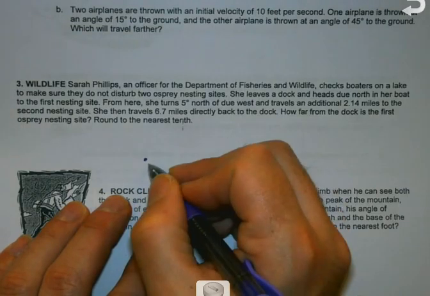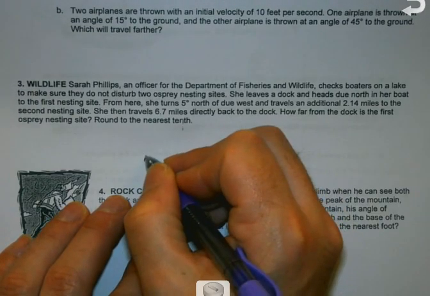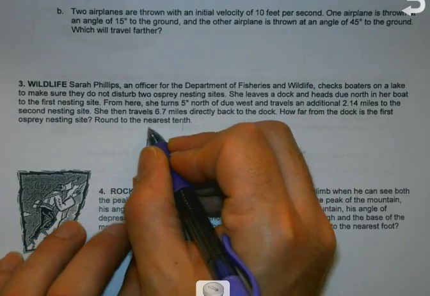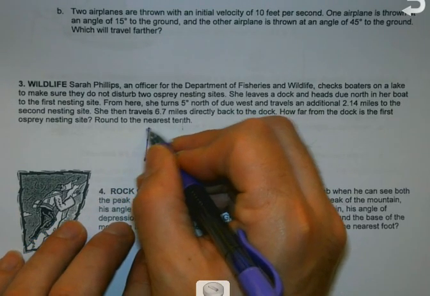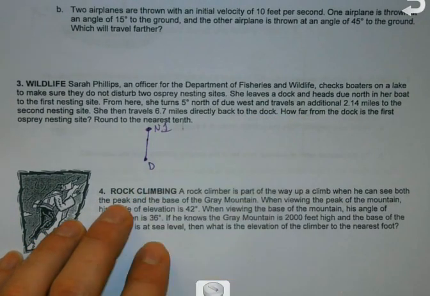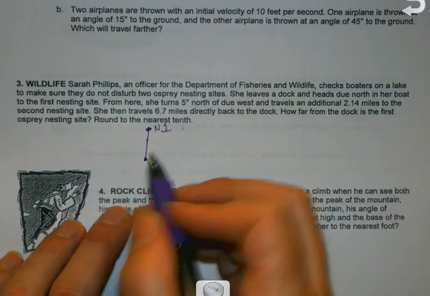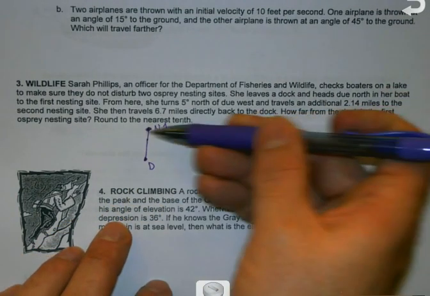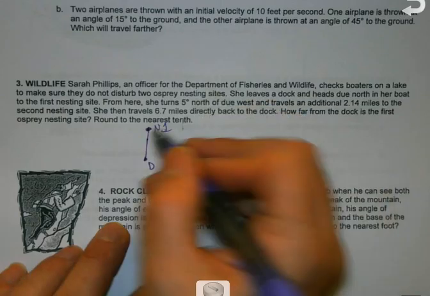Okay, she leaves this dock and heads due north, so she heads upward in her boat to the first nesting site. Okay, so here's nest 1. From here, she turns 5 degrees north of due west. In other words, instead of just going straight to the left, she's going to go up a little bit.